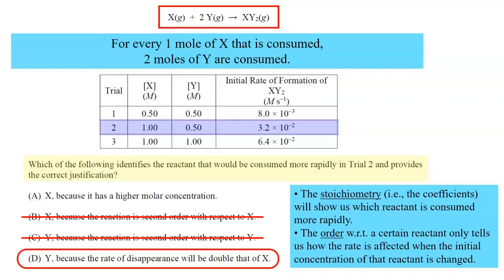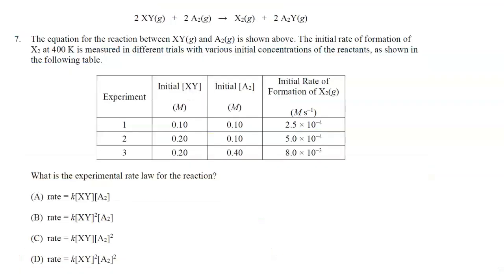The order with respect to a certain reactant only tells us how the rate is affected when the initial concentration of that reactant is changed. And since we were only looking at trial 2, it wasn't about the order with respect to any of the reactants. Now, let's take a look at question 7.